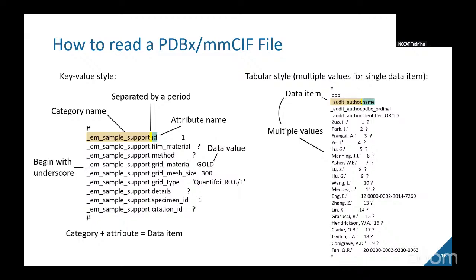When you have a data item storing just one value, we call that the key-value style. If you have a data item that stores multiple related values, it switches to the tabular style, and you'll see at the beginning of the category the loop underscore keyword. Both these styles are in the file. It's a simple design that makes it human readable, and it allows us to accommodate all types of complex metadata.